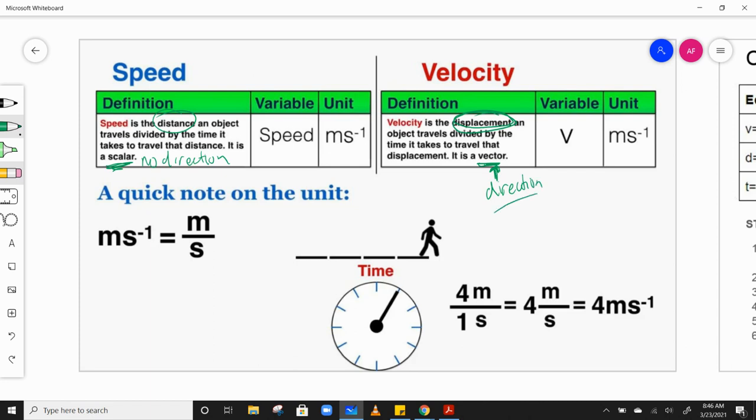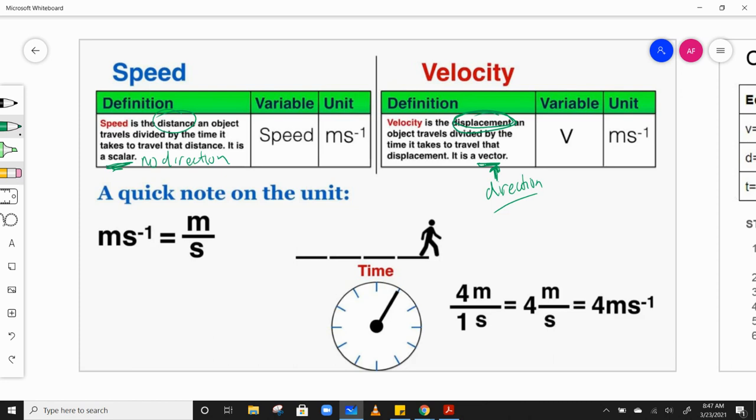So you'll either say right, left, up, down, north, south, east, west, backward, forward, sideways, whatever. And we'll talk about how that has to have a reference point too on Friday. But for today, we're just going to be doing some of the math, and we're not really going to worry about the direction. Velocity and speed will be the same thing.